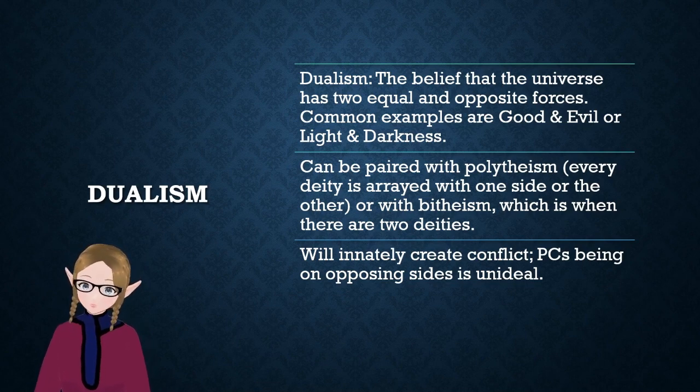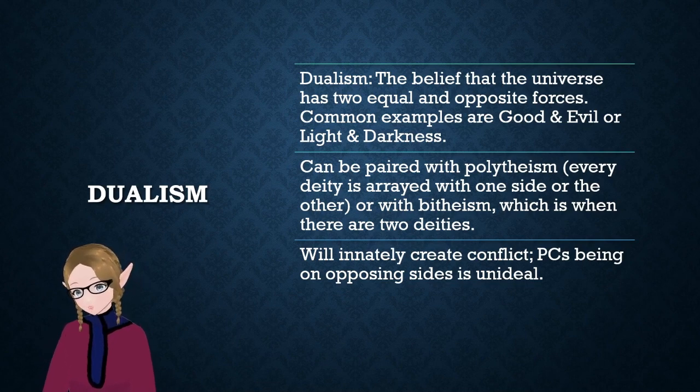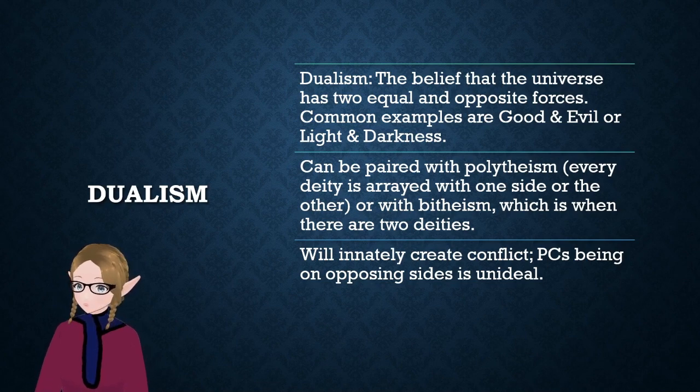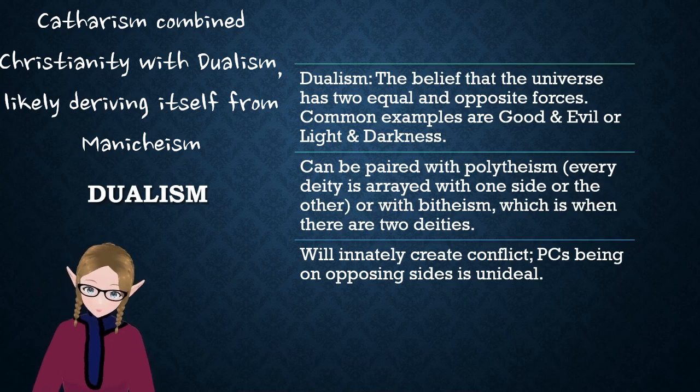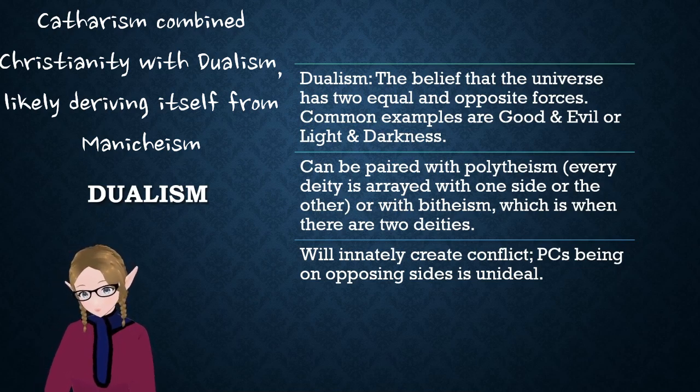Some historical examples of this type of thing are Zoroastrianism and Catharism, although Catharism is very shrouded in myth and writings from their enemies. The Cathars historically believed that the world was divided into good and evil, but that the physical world was innately evil and the spiritual world was innately good. This is an example of how dualistic thought can combine with other systems.